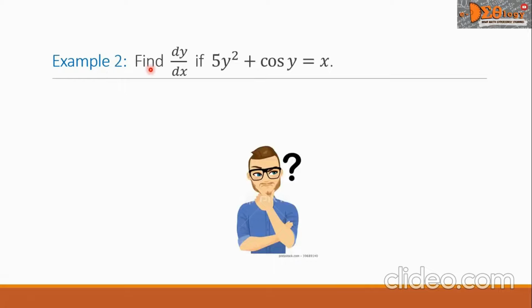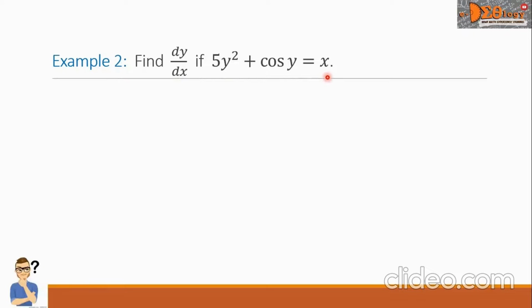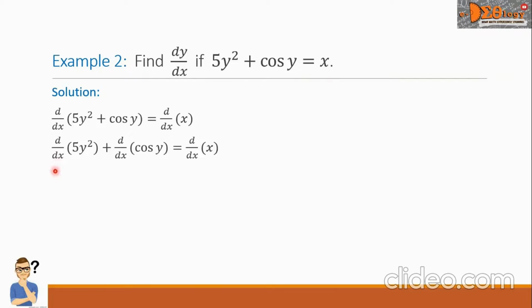Example 2, find dy over dx if 5y squared plus cosine y equals x. Let us take the derivative of both sides, as we see here. The left side becomes d over dx of 5y squared plus d over dx of cosine y equals d over dx of x.